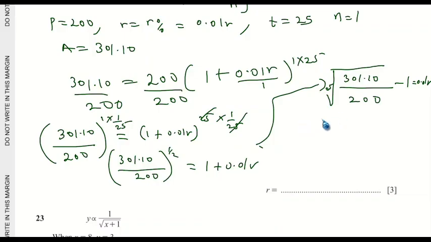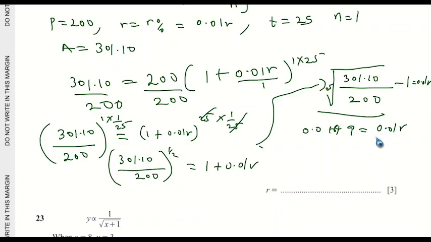Now if you input this into your calculator, all of this gives you 0.01649 equals 0.01R.